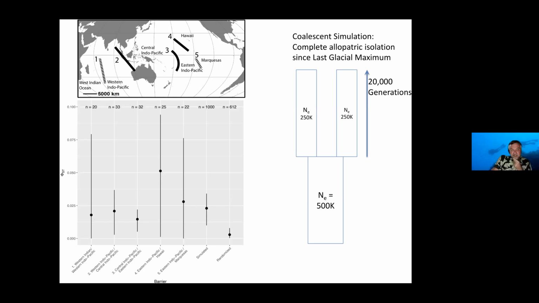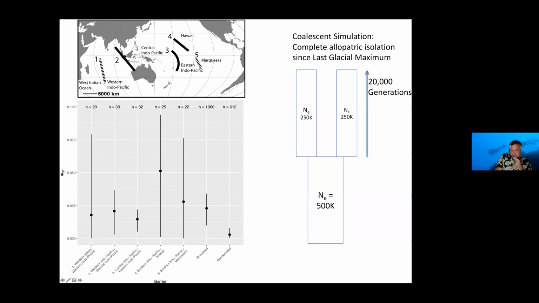So what we could be seeing here are actually possibly fairly robust barriers, for all we know, based on the FSTs that we're measuring. It's just that the populations are so large that FST is still very small.